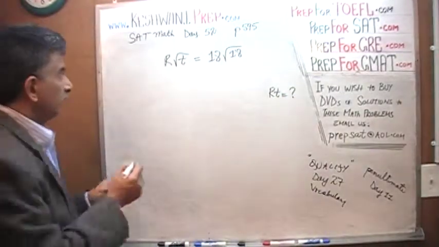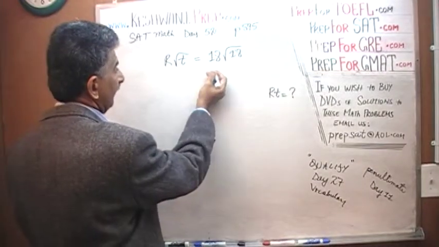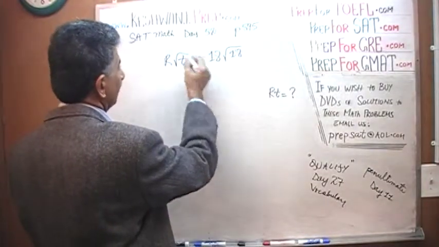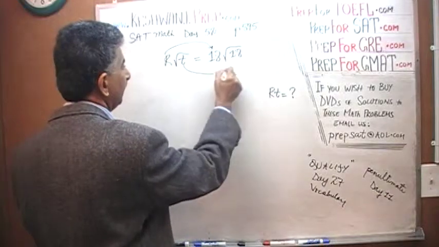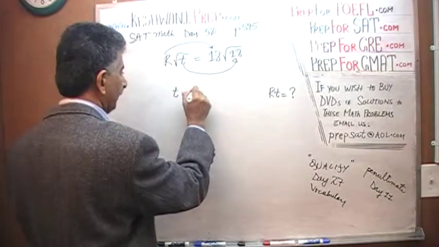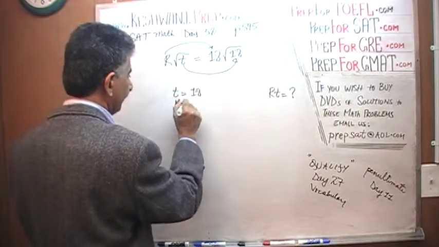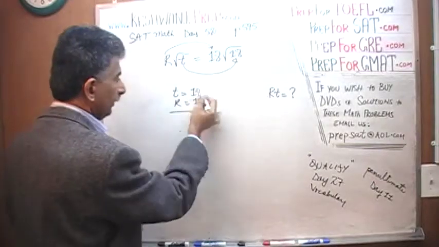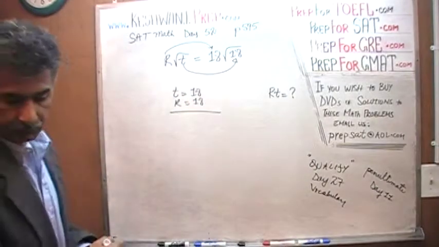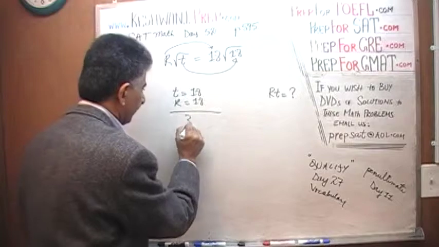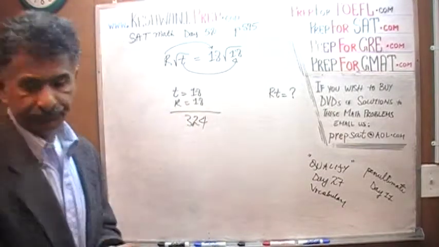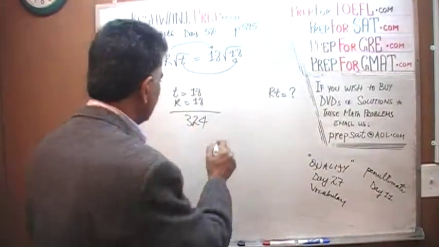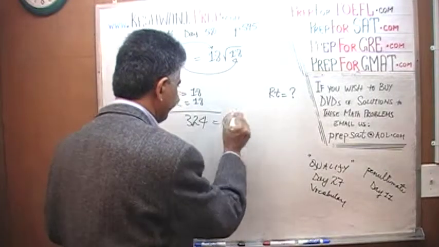If r times root t is 18 times root 18, that means r must be 18 and t must be 18. And therefore, 18 times 18, if you do it out, is 324, which is answer choice E.